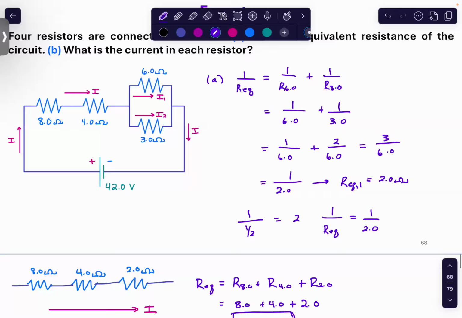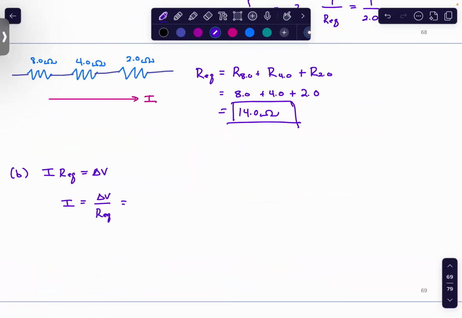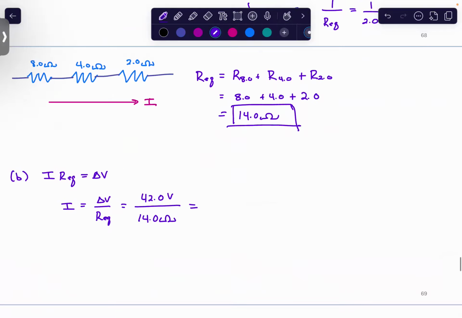So the delta V of our battery was what, 42 volts? We'll get there. You want the total current. When they're in series like this, they all share the same current. Because then what we need to do is take this current, go back to the 2.0 ohms and break it back into its parallel.